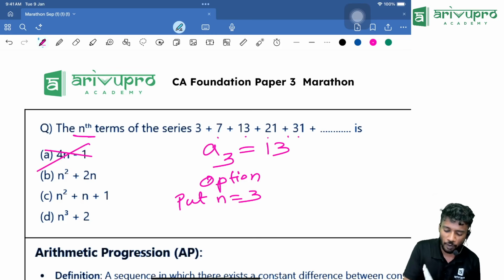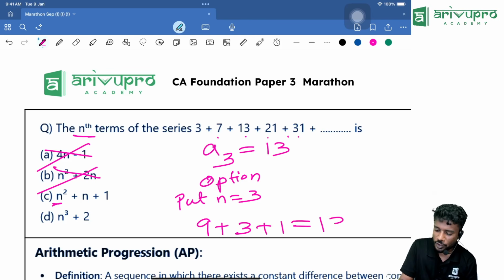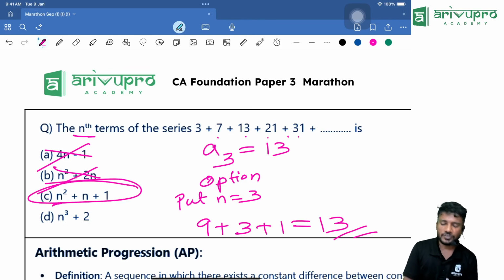So option A is wrong. Then n cube plus, that is 3 square plus 6, is how much? 9 plus 6 is 15. Wrong. Try option C. That is 9 plus 3 plus 1, which is equal to 13. Option C is your answer.